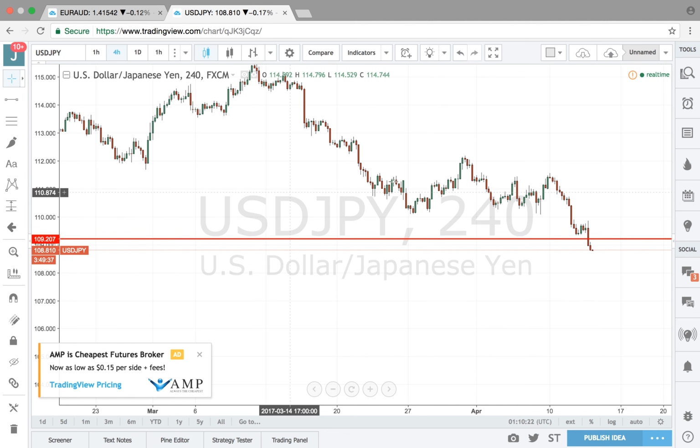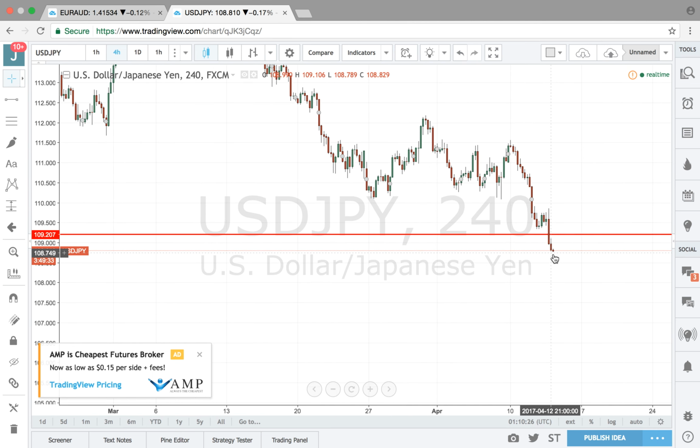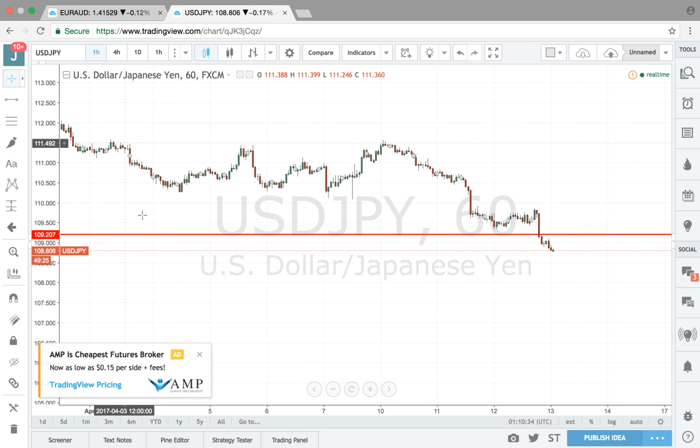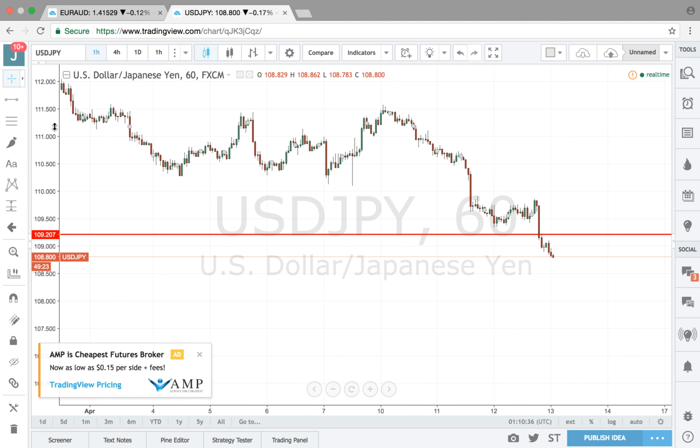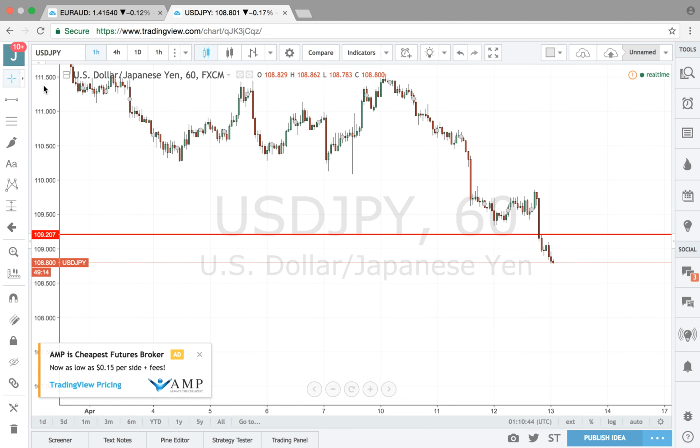So this 4 hour just showed that there's no wick really. Like that, it's basically a continuation. Same thing as this one, that it's going to keep dropping. So I'm going to go to the hour now. So let me, which one was that?